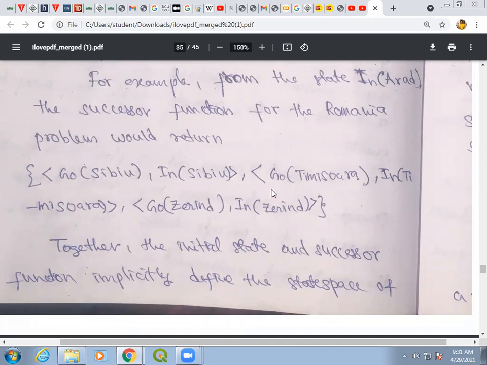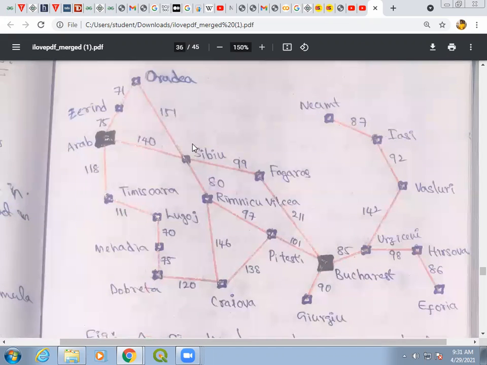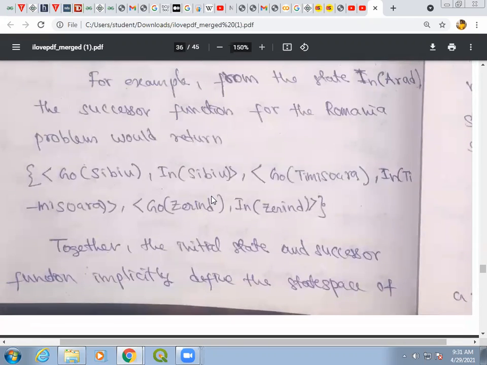Just now we discussed that there are three successor states: going to Sibiu is one, going to Zerind is another, going to Timisoara is one. Three successor states.